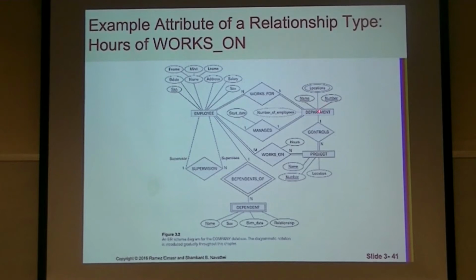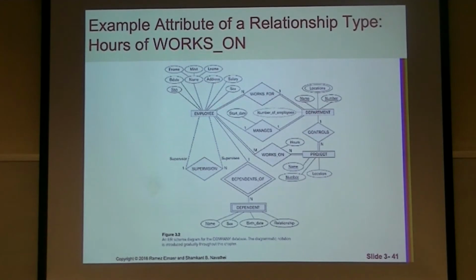However, one department may have a number of employees, right? Because of that, each relationship has a cardinality: one to one, one to many, many to one, or many to many. So the many employees work for one department.